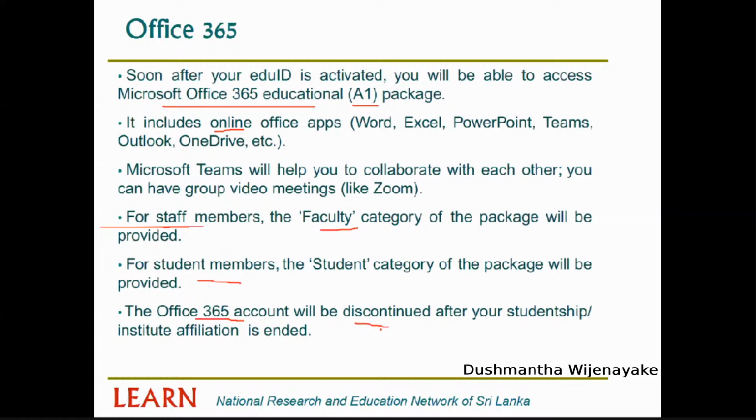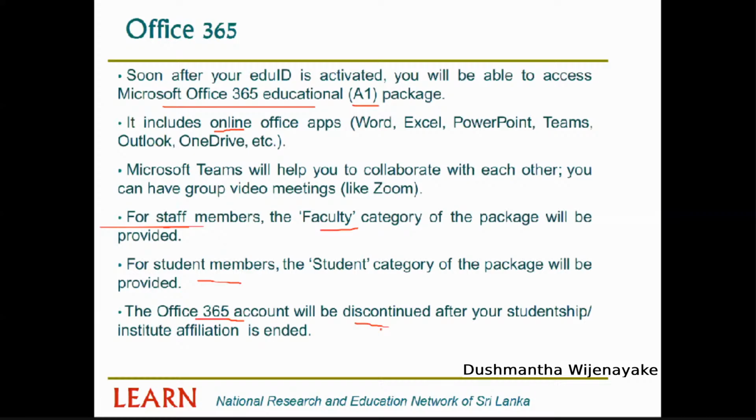Then these are some specs or facts about our Office 365 accounts. There you will get OneDrive, whose capacity is 5 terabytes. So one can easily back up their entire laptop to this capacity. So you will have a somewhat big capacity.